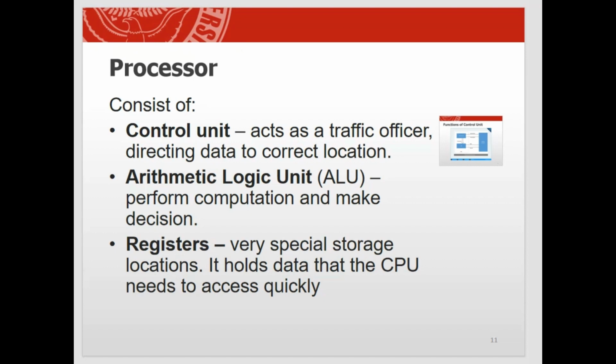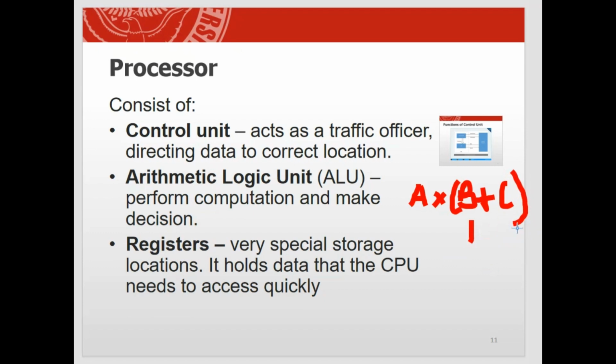So, for example, si ALU, it's commanded to calculate A times (B plus C). Nasa parenthesis si B and C. So, of course, uunahin natin sa pag-calculate si B plus C, right?